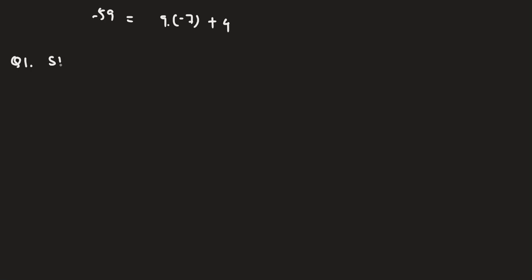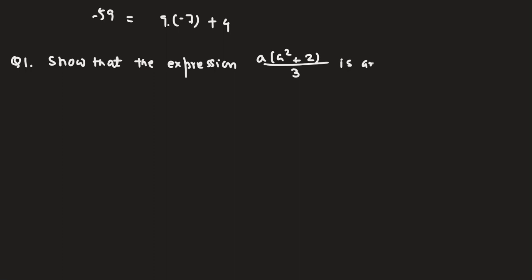Show that the expression a times a square plus 2 divided by 3 is an integer for all n greater than or equal to 1. Okay, now we have to prove this will be an integer.